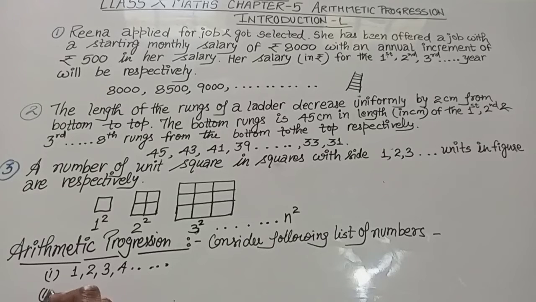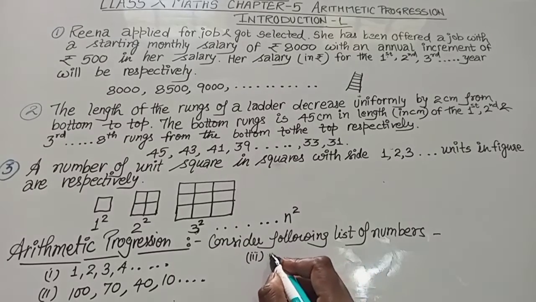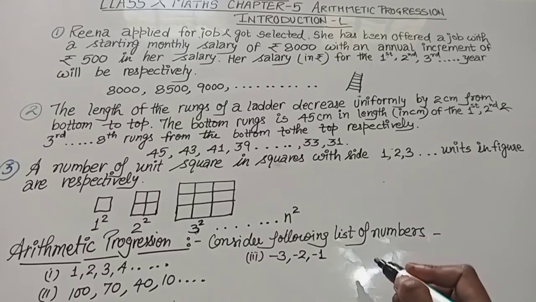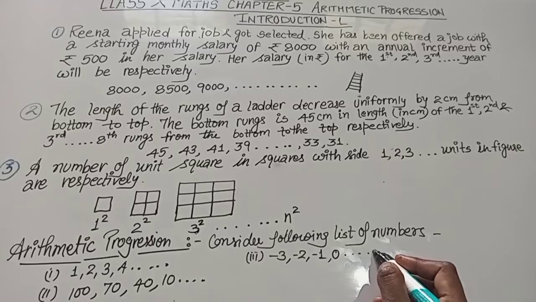The second is 100, 70, 40, 10, and so on. The third one is minus 3, minus 2, minus 1, 0, and so on.